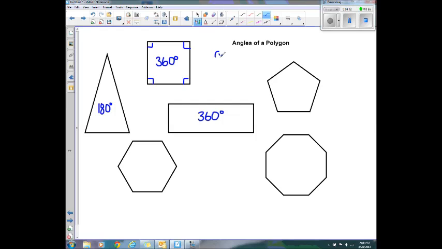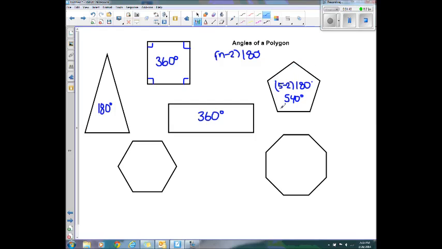In general, if n, the letter n, is the number of sides of your polygon, so here I have 5 in my pentagon, I take 5 minus 2 and multiply that answer times 180 degrees. That tells me what the sum of the interior angles is going to be. So if we take 3 times 180, we should get 540 degrees.